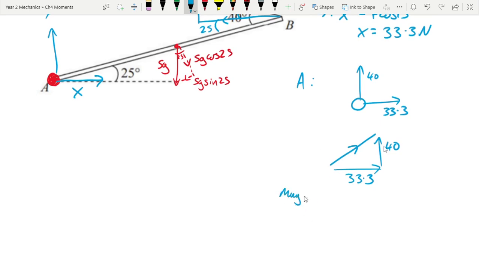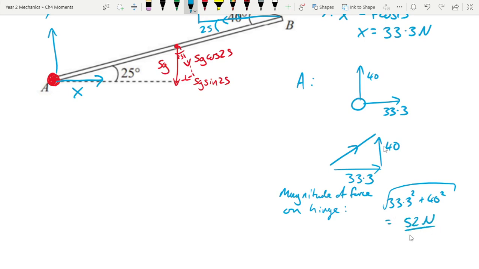So the magnitude of the force on the hinge is going to be 33.3 squared plus 40 squared, square rooted, which is 52 newtons.